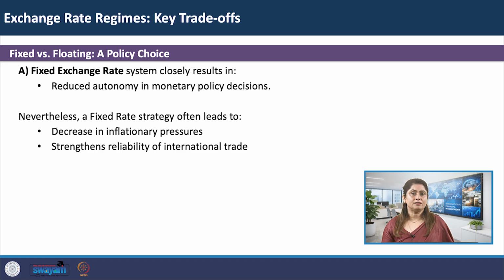Next is strengthened reliability of international trade. Importers and exporters know the exchange rate won't change. They can make contracts with certainty. This encourages trade. Finally, we can say the fixed rate approach is good if your main concern is inflation and you want to build credibility.